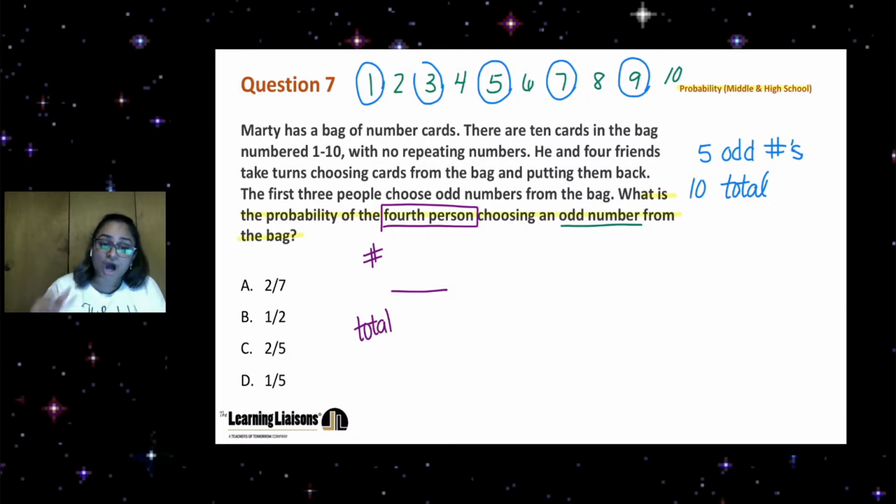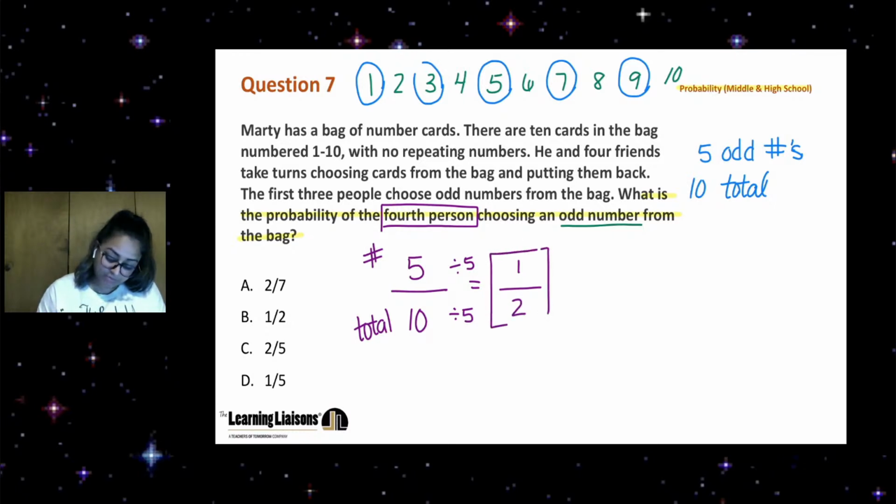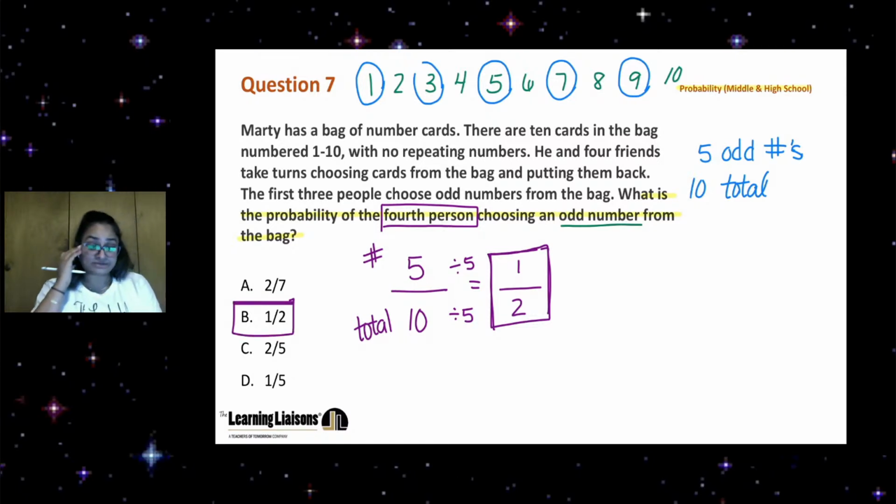Well, we're looking for an odd number, and we have 5 of them, and we have 10 cards in total, and we can reduce that by dividing the numerator and the denominator by the same number, 5, and we will get 1/2. So the probability of that 4th person pulling an odd card from the bag is half. They have half the amount of chances to do that.